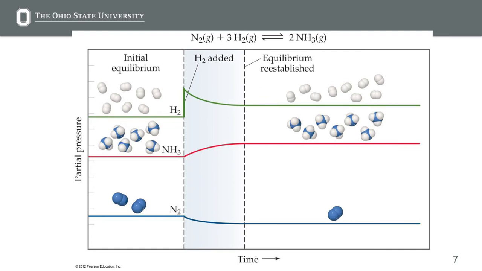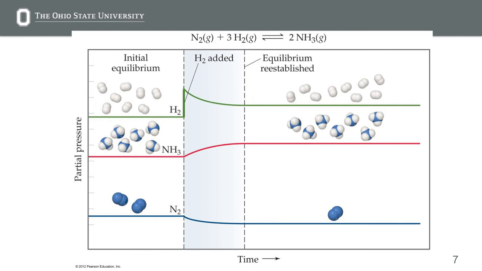So we've effectively made a way to produce more ammonia during this reaction by adding more reactant. That makes sense. The N2 concentration decreases relative to where it was initially. We had more H2 it could react with, so that goes away. The H2 concentration, because we added so much of it, its equilibrium concentration is now higher than it once was, but it has decreased in order to get there.